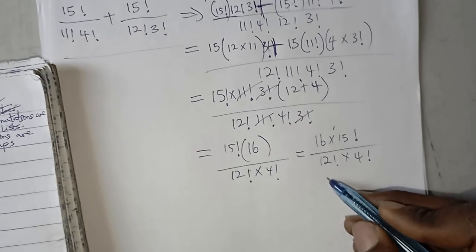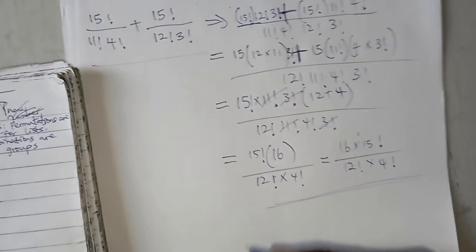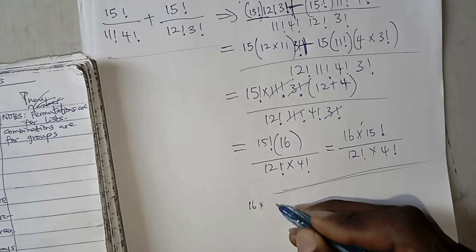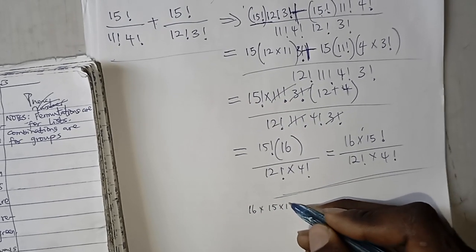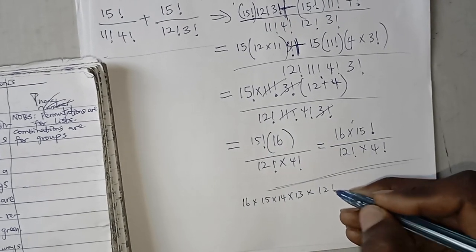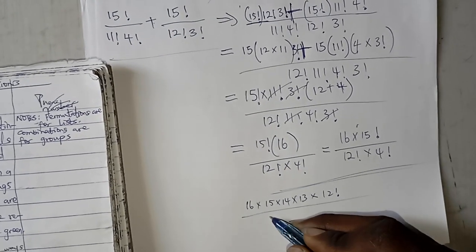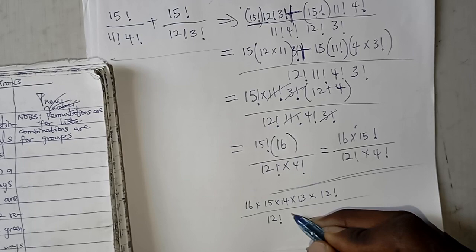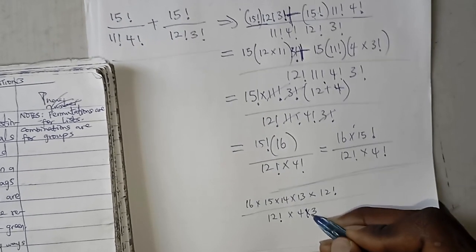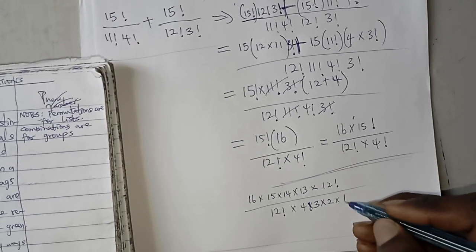So I can leave my answer like this, or I can go further and start splitting this so that I have 16 times 15 times 14 times 13 times 12 factorial all over 12 factorial times 4 times 3 times 2 times 1.